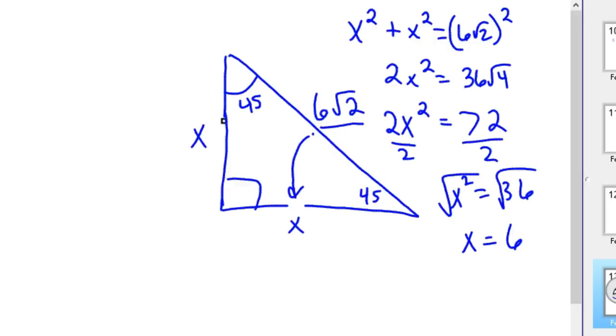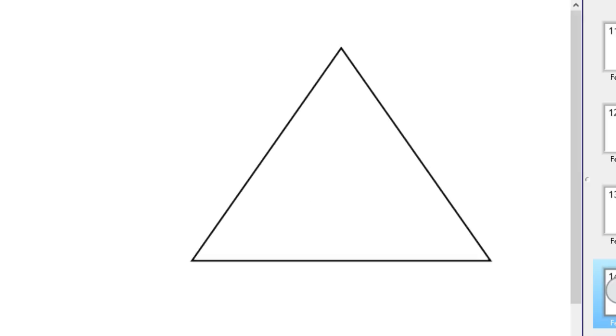The other one is the 30-60-90. So a 30-60-90 comes from an equilateral triangle. So I'll try and draw one here. That's a pretty good one. All of the angles are 60 degrees on an equilateral triangle because all of the sides are the same.